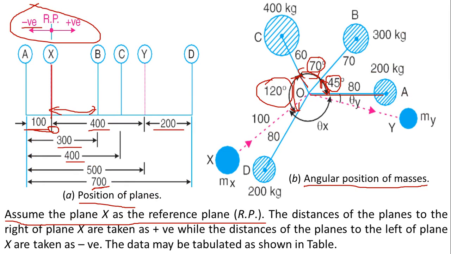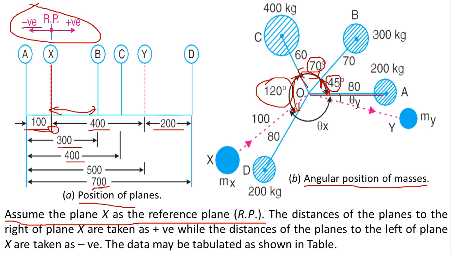You know the positions, A position, B position, C position, D position, the angles are given. So draw these angular positions, and on the same sheet, just below, if you draw, it will be easy for you to draw the parallel lines or perpendicular lines from here, so it becomes very easy.